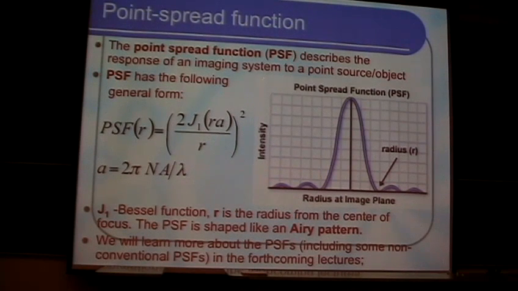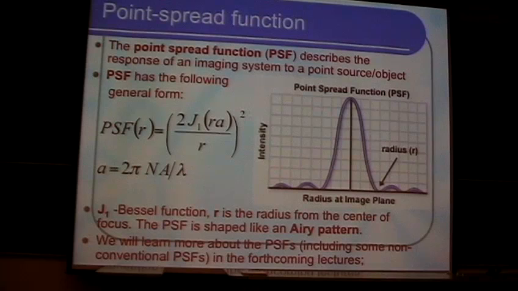The other important thing to remind is the point spread function, which describes the response of an imaging system to a point source of light or object that we study.